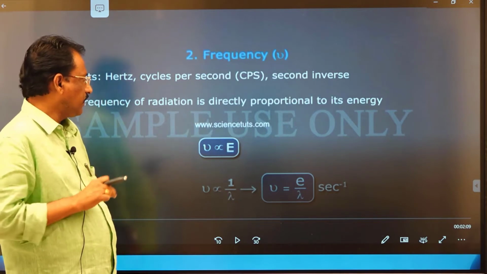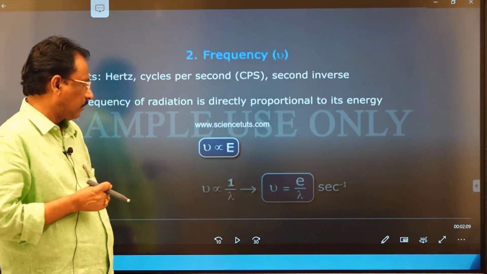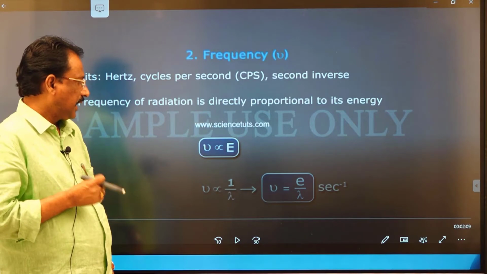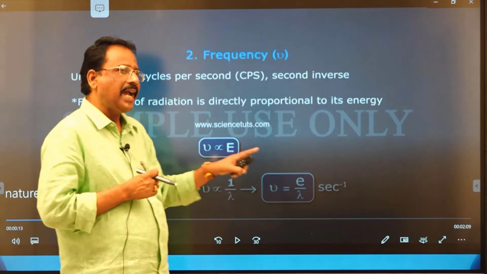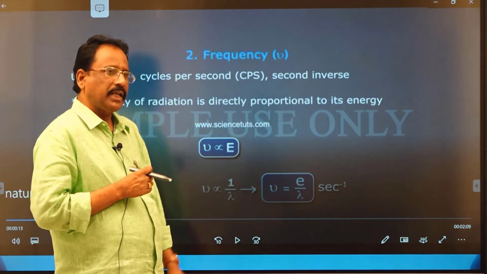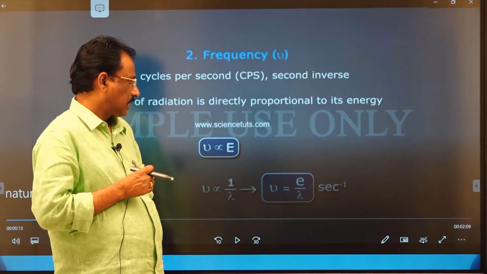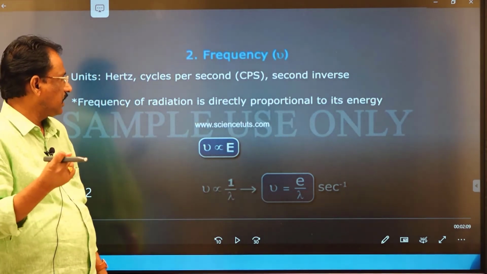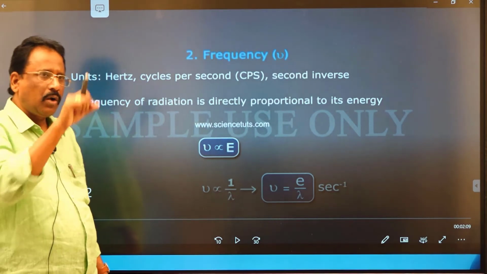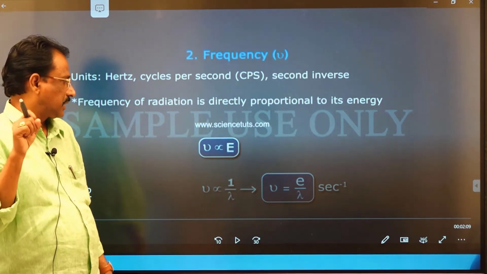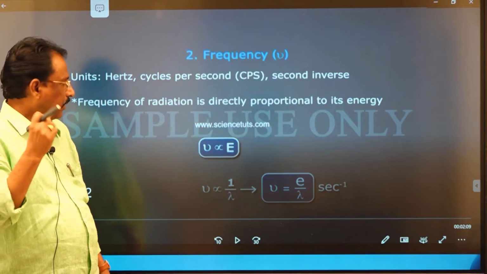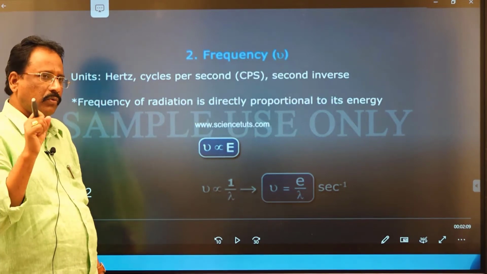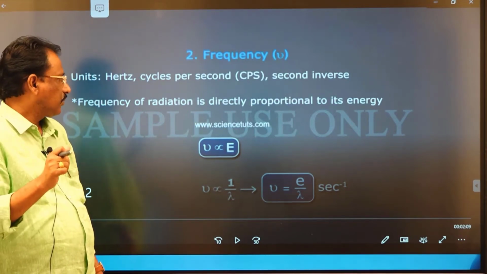So the frequency of any type of electromagnetic radiation is expressed in terms of hertz, CPS or second inverse. Frequency is defined as the number of waves or cycles, both are same, passing through a particular point in 1 second.